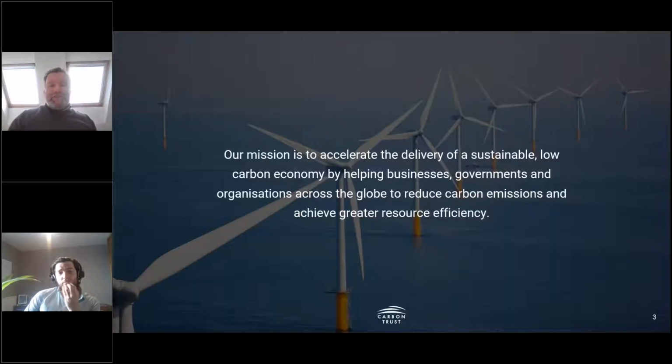Before we do that, for those of you who don't know us, a quick introduction to the Carbon Trust. Our mission has always been and remains to accelerate the delivery of a sustainable low carbon economy by helping businesses, governments and organisations globally to reduce carbon emissions and really focus on resource efficiency.